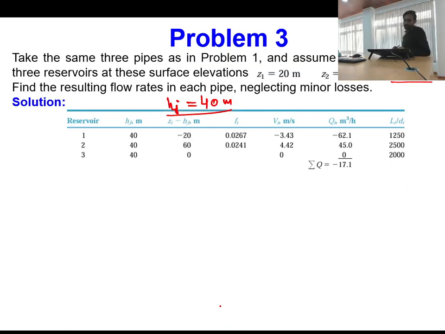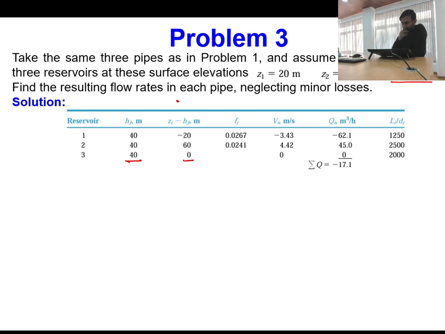Okay, so that is something which I have done over here. So this is the table. In this table, first Hj I have assumed equal to 40 meters. You can see over here all Hj values are 40, and corresponding to this Zi minus Hj value I have calculated, which is minus 20, 60 and 0 for three different pipes.